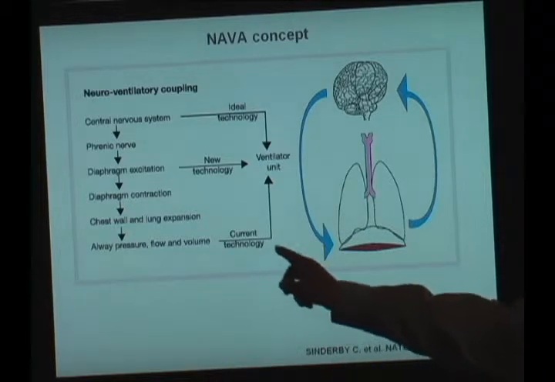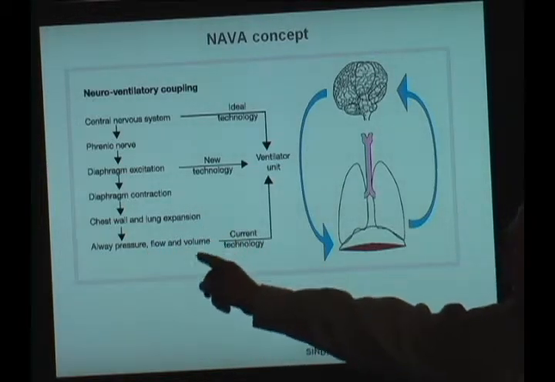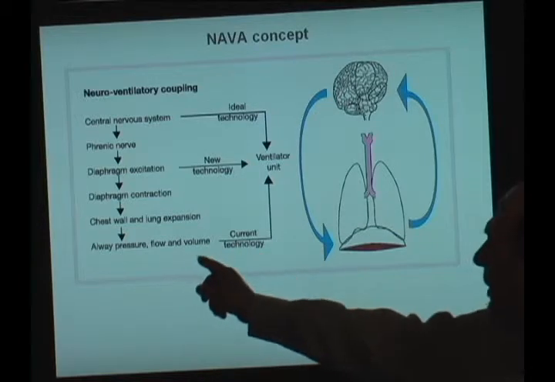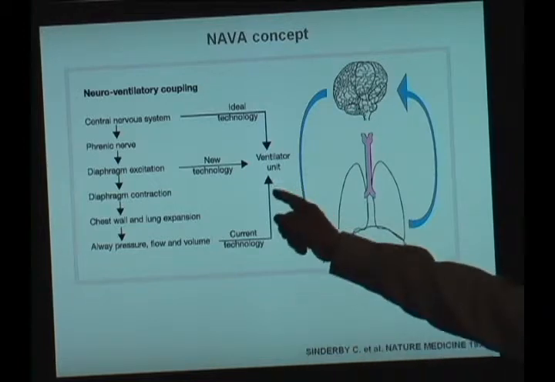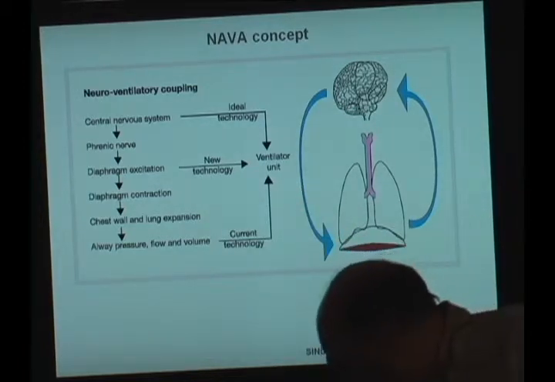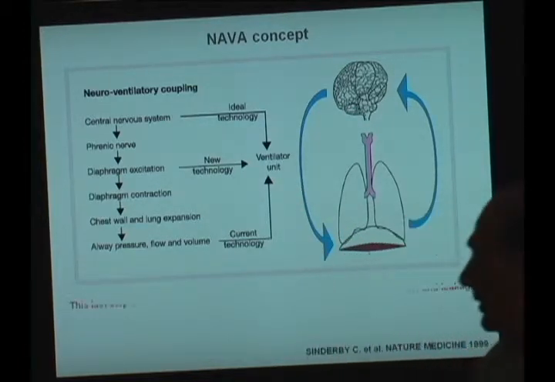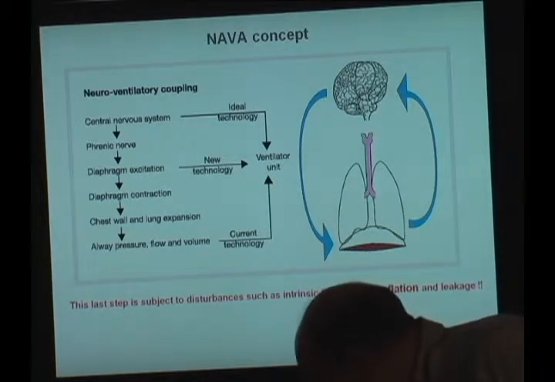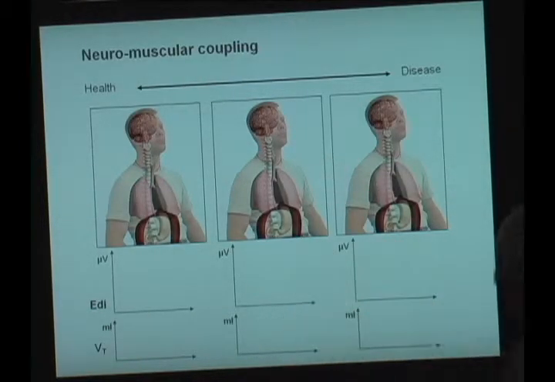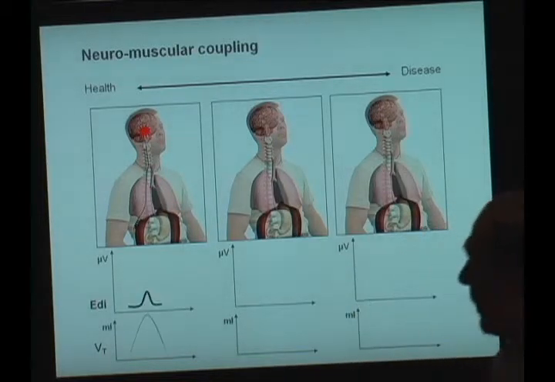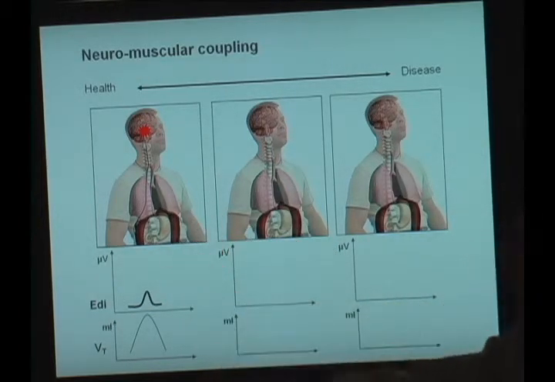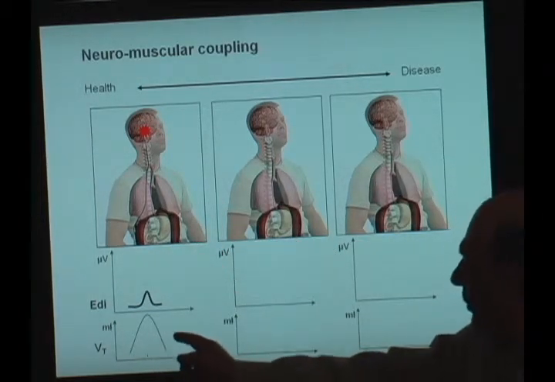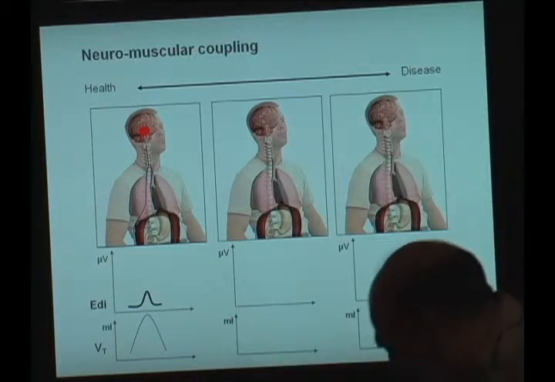Actually, we detect the flow, pressure and volume at the airway. Nava technology detects the diaphragm excitation by use of a nasogastric catheter. And in this case, we know what happens when the cerebral activation, via the phrenic nerve, activates the diaphragm, and the tidal volume is guaranteed.